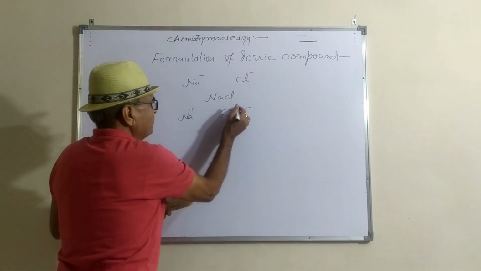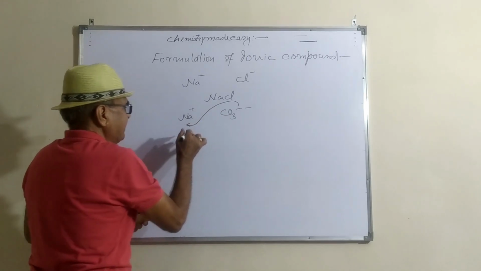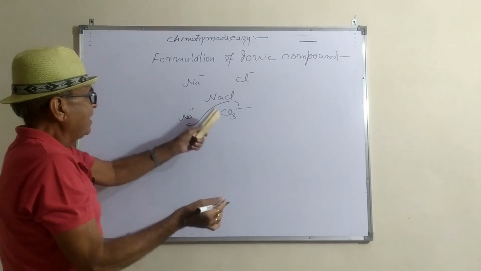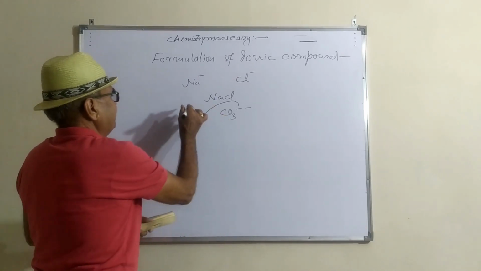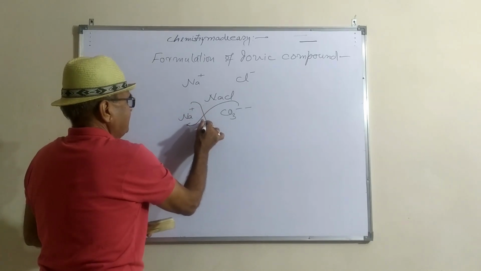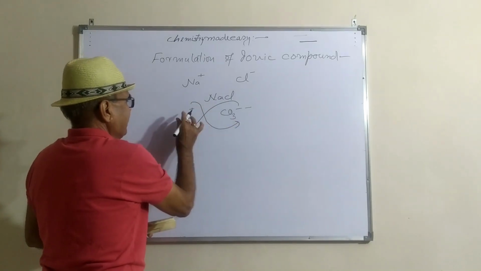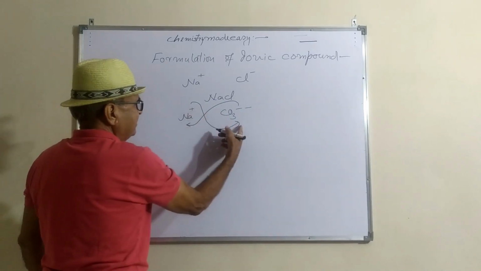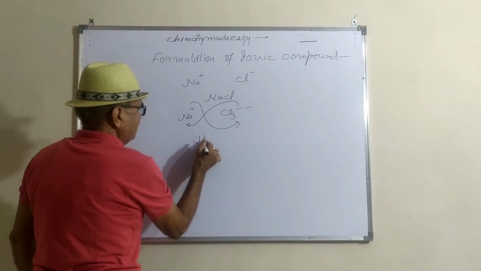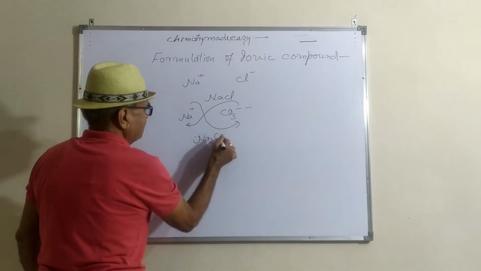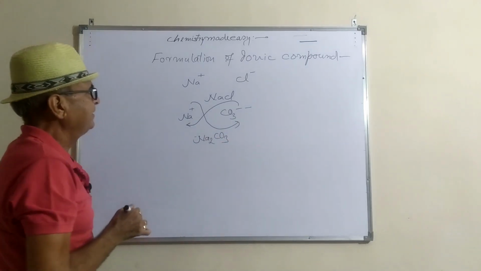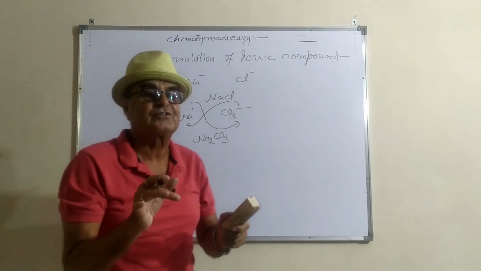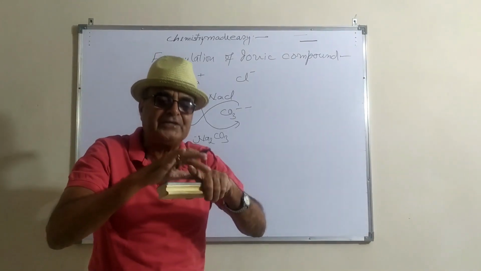It means 2. Sodium will be multiplied by 2. On the other way, carbonate will be multiplied with the charge, the valency, of the cation, the sodium ion. So here is 1, here is 2. You will write the formula of sodium carbonate as Na2CO3.